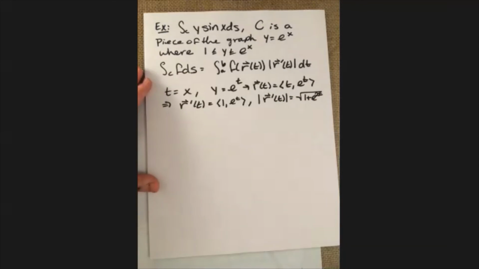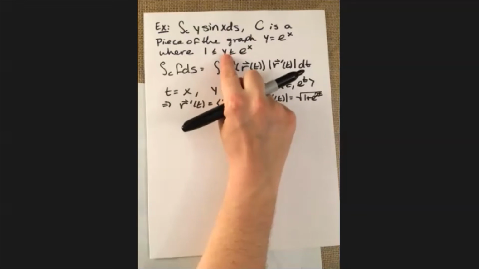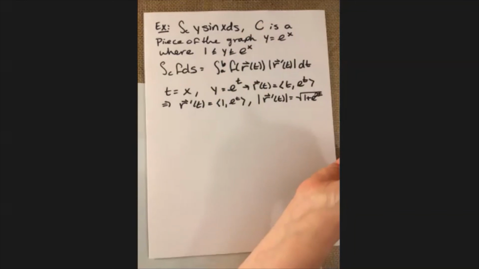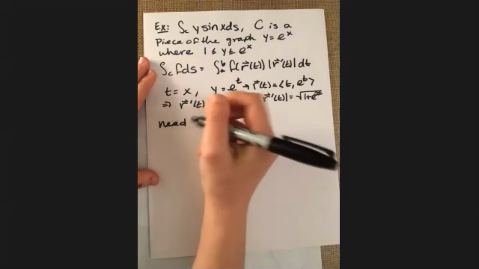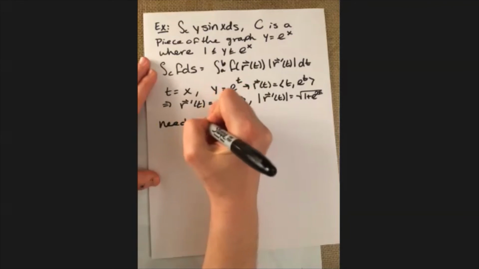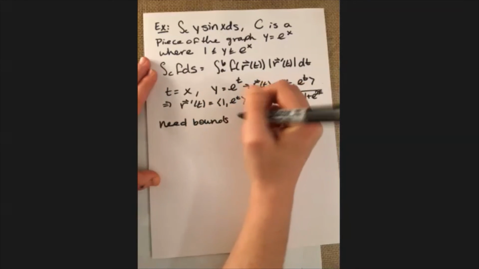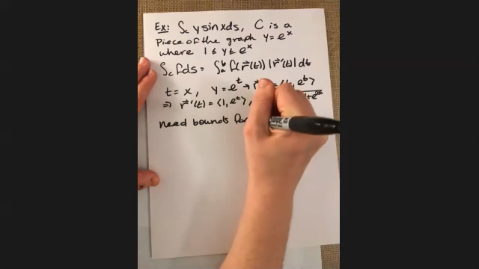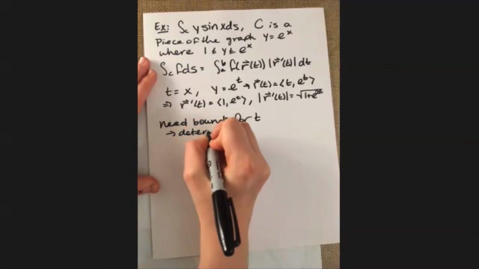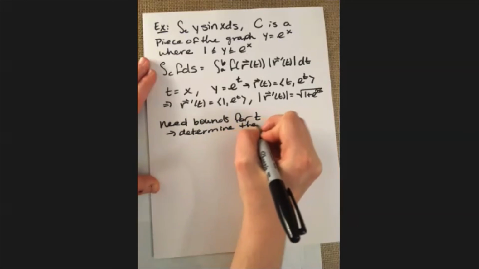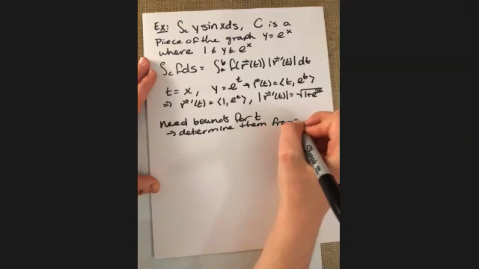Okay. However, I am missing my bounds on t, and if I look at what I was given here, my bounds are given in terms of y and not in terms of x, so I've got to be able to deduce those. So we need bounds for t, and we will determine them from the y bounds.